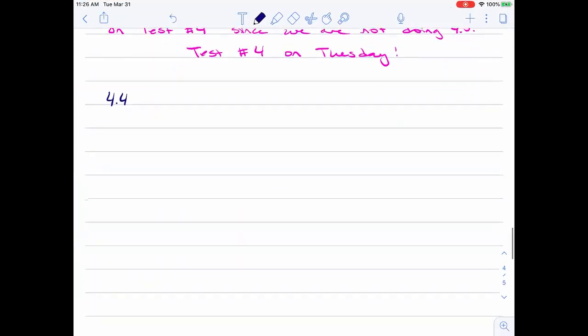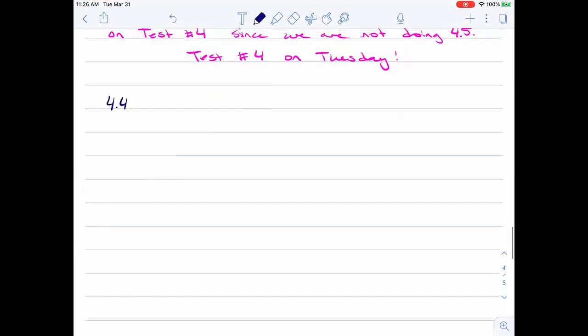So section 4.4 is going to be a throwback to limits, but it's kind of a fun shortcut to some limits: indeterminate forms, and L'Hopital's rule.